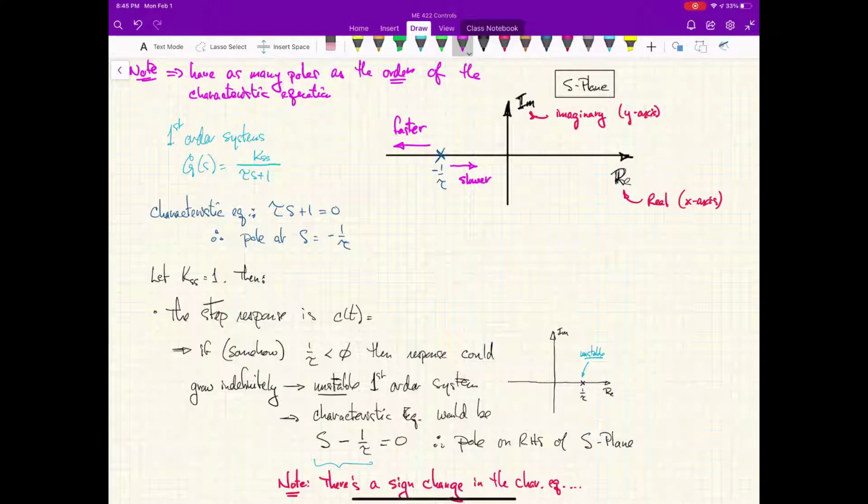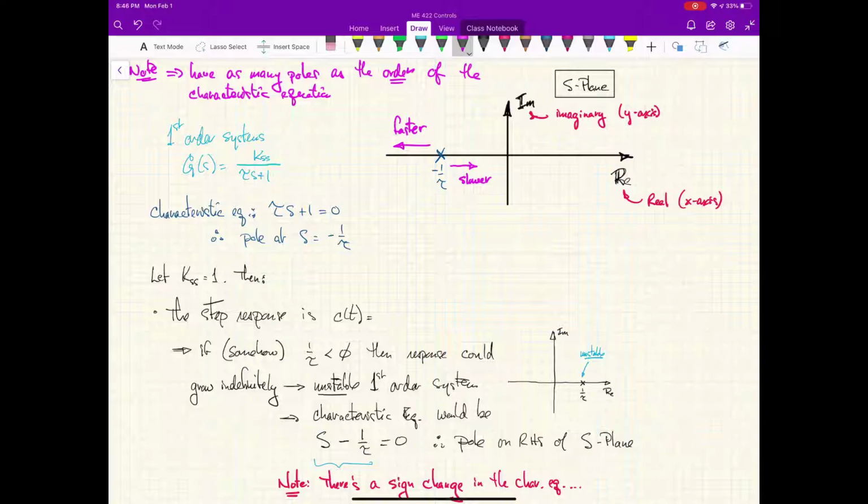So 1 over tau is really an indication of the speed of response of the system. So bear that in mind.